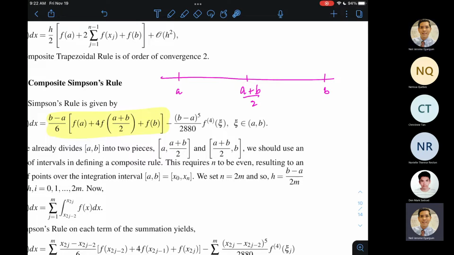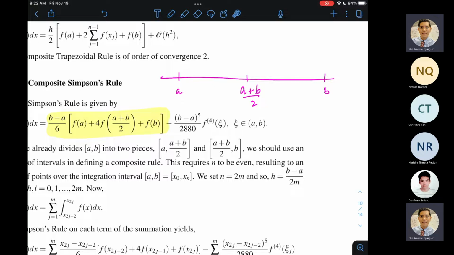Okay? Now, that tells us that on every application of the Simpson's rule, dapat meron ka laging dalawang subintervals. So kung paulit-ulit natin gagawin yung Simpson's rule, halimbawa, kung twice ko i-apply yung Simpson's rule, dapat meron akong 4 na subintervals. Kung 3 beses ko siyang gagamitin, dapat meron akong 6 na subintervals.